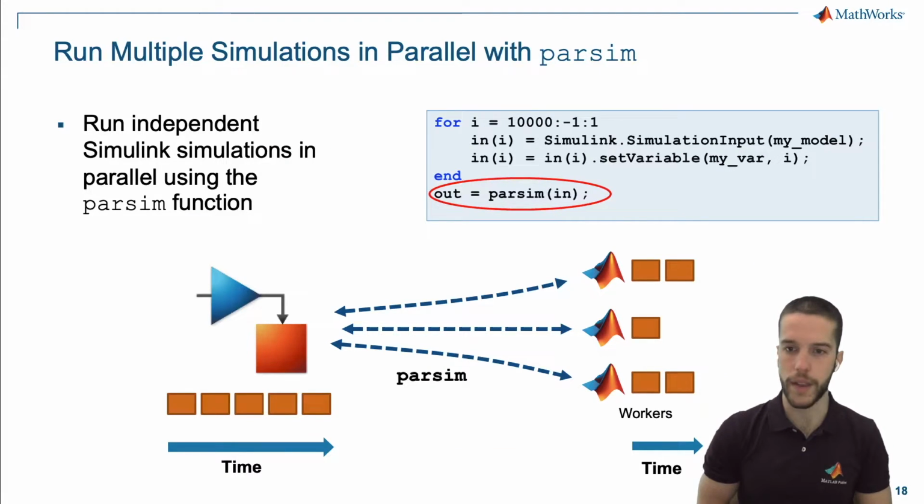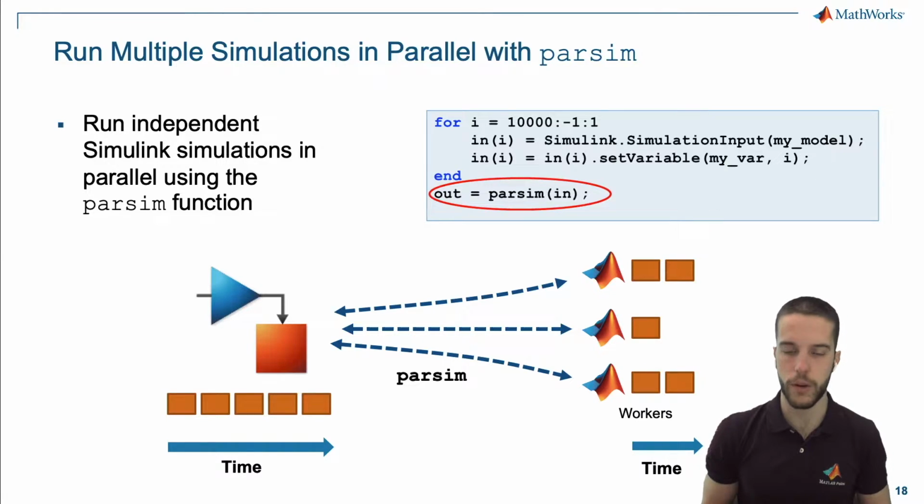There are other applications of Parallel Computing Toolbox in MATLAB. One is parsim, the parallel simulation of a Simulink model. The objective is the same as parfor, to reduce the computational time, and the concept is the same.